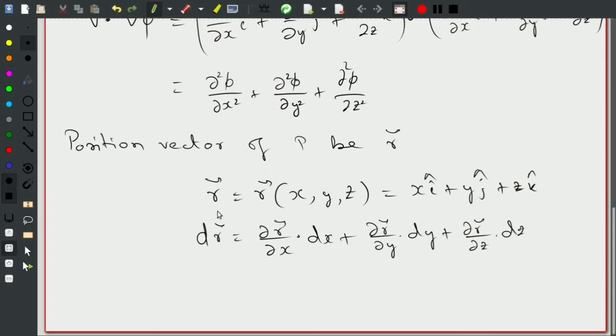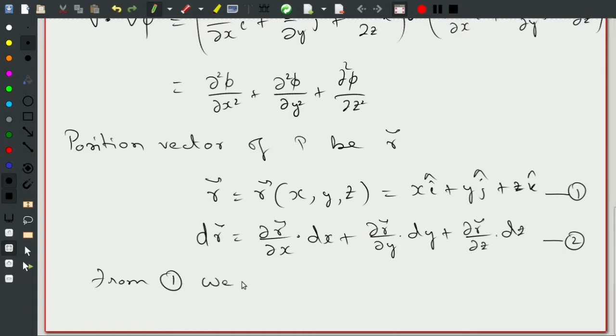Let this be equation 1 and this be equation 2. So from equation 1 we can write dou r vector by dou x equal to, what is dou r by dou x? It's i cap, right?